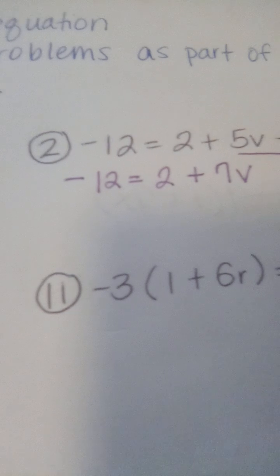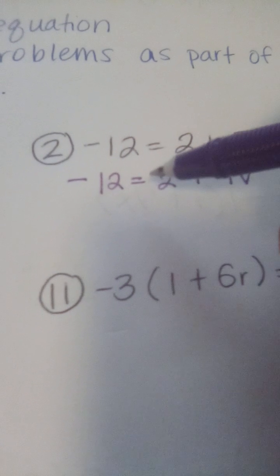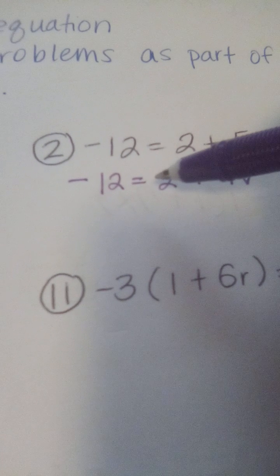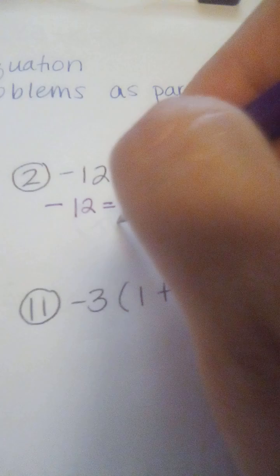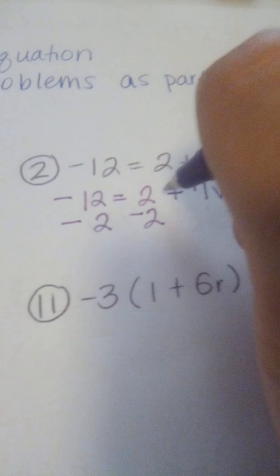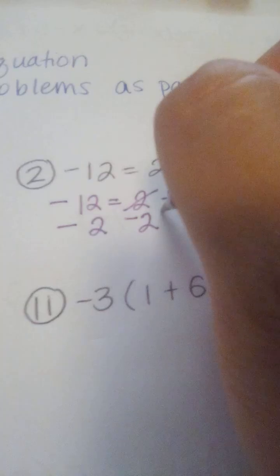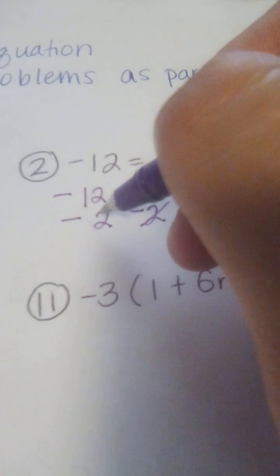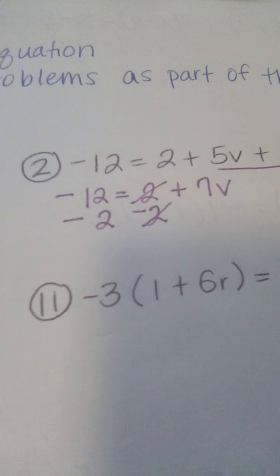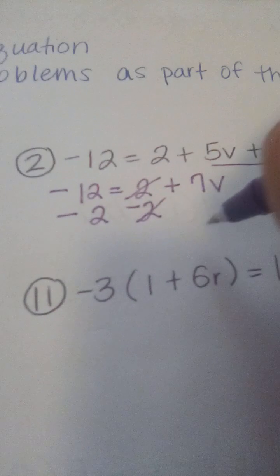Why? Because when you see a positive number, you do the opposite. So in this case, you subtract 2 from both sides of the equation. The 2's will cancel out entirely. Bring down, so we have negative 12 minus 2. That gives us negative 14.